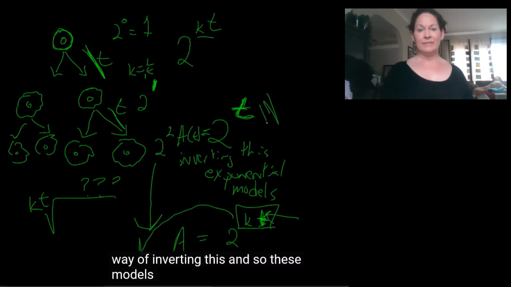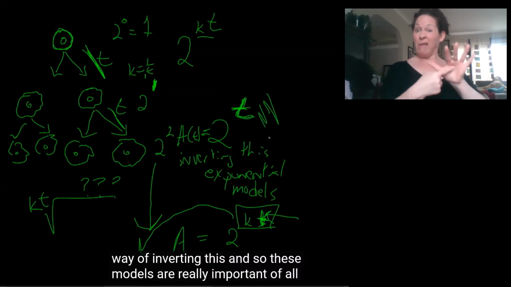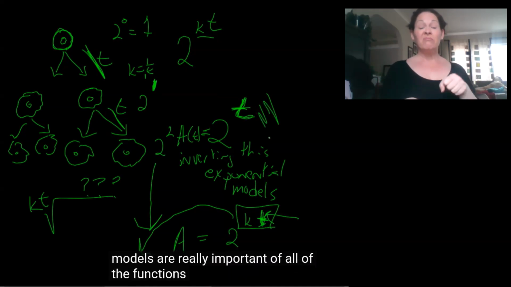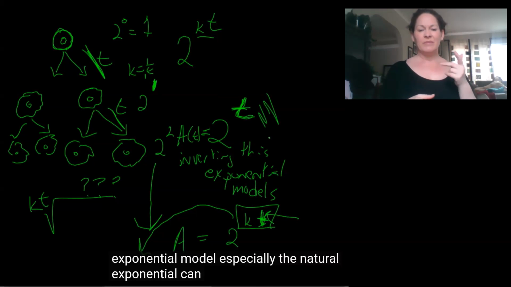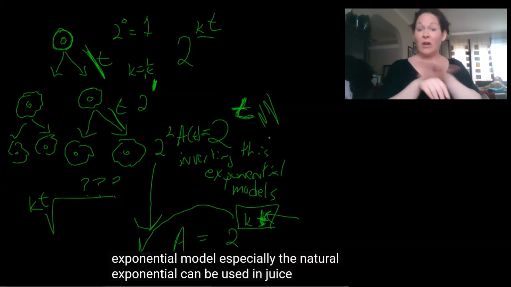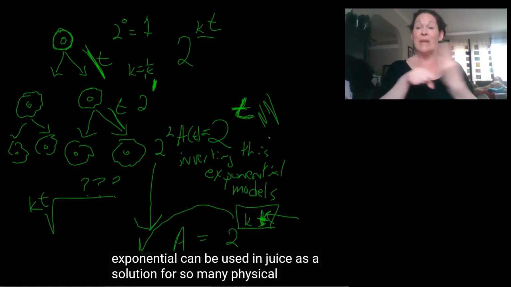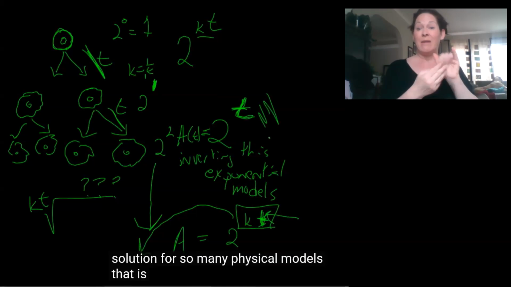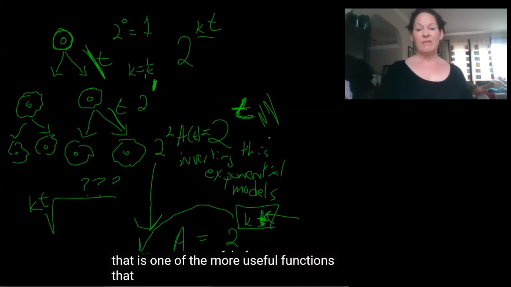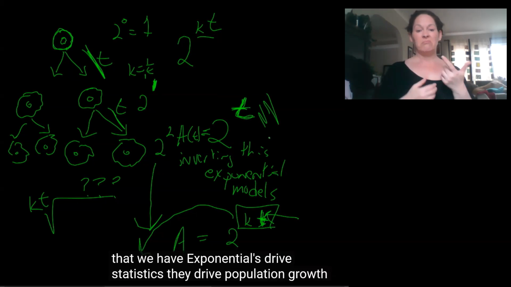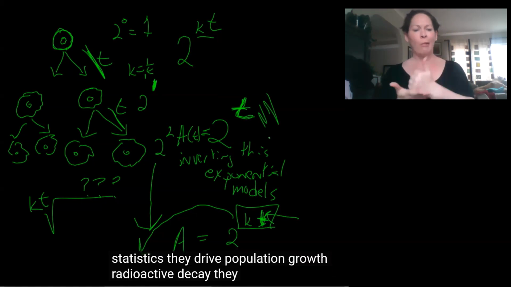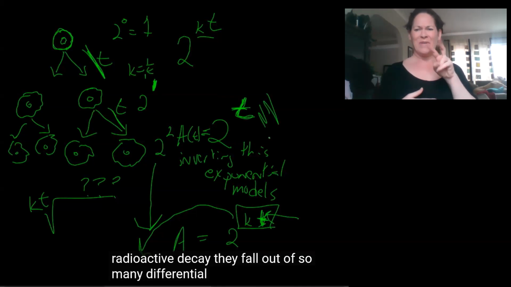And so these models are really important. Of all of the functions that you learn, the exponential model, especially the natural exponential, is used as a solution for so many physical models that it is one of the more useful functions that we have. Exponentials drive statistics, they drive population growth, radioactive decay, they fall out of so many differential equations.